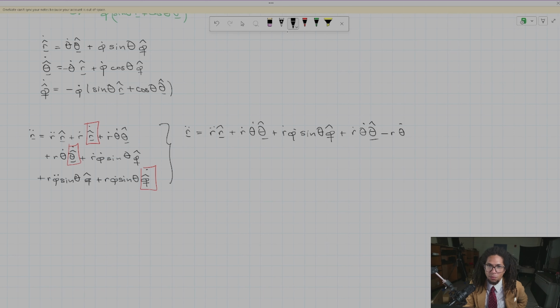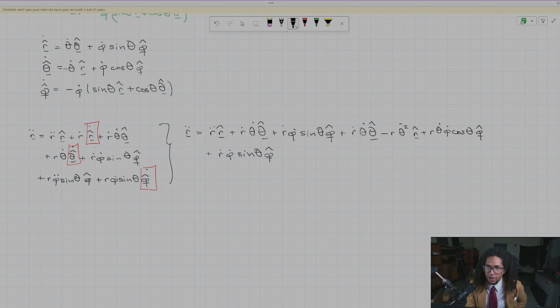So that'll turn this into a minus, then this theta dot will become a theta dot squared, then an r hat. Okay, and then this other term we also need to take care of. So plus r theta dot phi dot times cos theta phi hat. Great. Next term we're just copying, r dot phi dot sine theta phi hat.